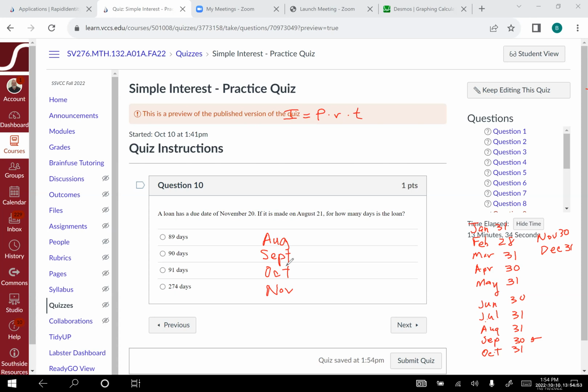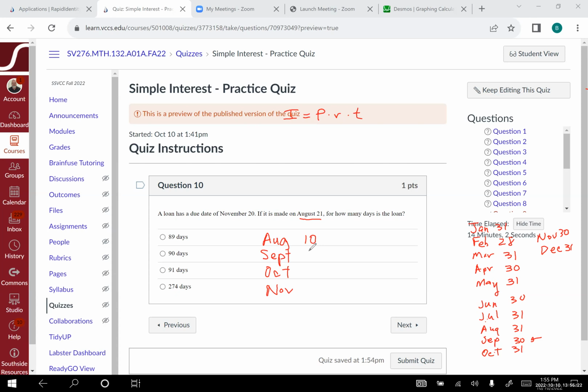If it's made on the 21st of August and there are 31 days in August, how many days do we count for August? It's 31 if it was the whole month, but it was made on the 21st, so it's 10 days. There you go. Very good. So we only have to count 10 days of August because the loan was made on the 21st.